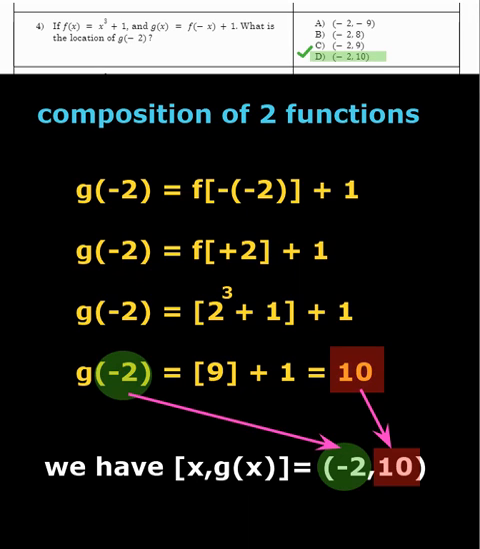Then add 1 additional unit to that for function g of x, and we get g of -2 is 9 plus 1, or 10. And we have the point (x, g of x) being x is -2 and will be at 10 on the Cartesian plane. So the correct answer was D, (-2, 10).